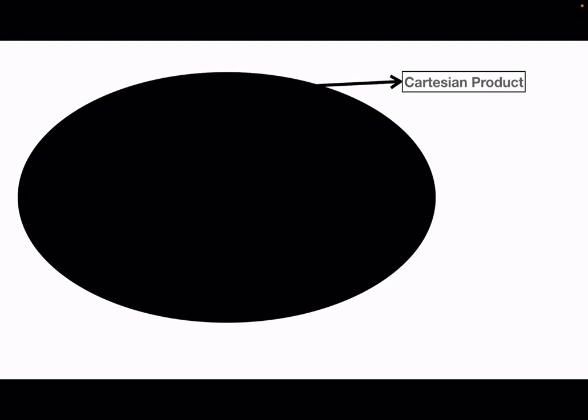So if you start with this set, ये जो oval है, it is a set. Now this is a Cartesian product. You are saying this is the set of all ordered pairs.